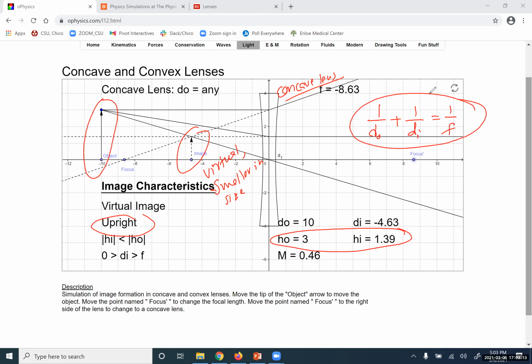In this scenario, this is your d naught, this is your di, and this is your focal length, and the focus is here. So this is our focus. This equation can be used to predict the position of the image, and that value exactly matches the simulated result.